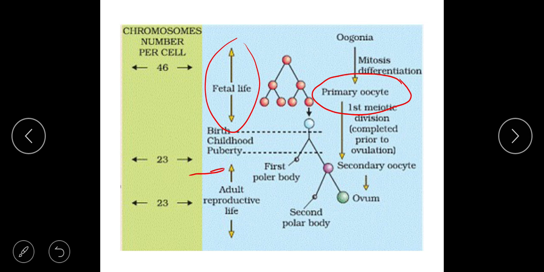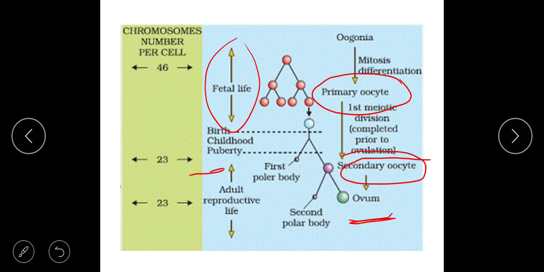This secondary oocyte is released during ovulation in females at the time of puberty, when she comes into the menstrual cycle. So the secondary oocyte waits for the male gamete during fertilization, and once the male gamete enters the female's body, what happens? This secondary oocyte undergoes the second meiotic division and forms the ovum.